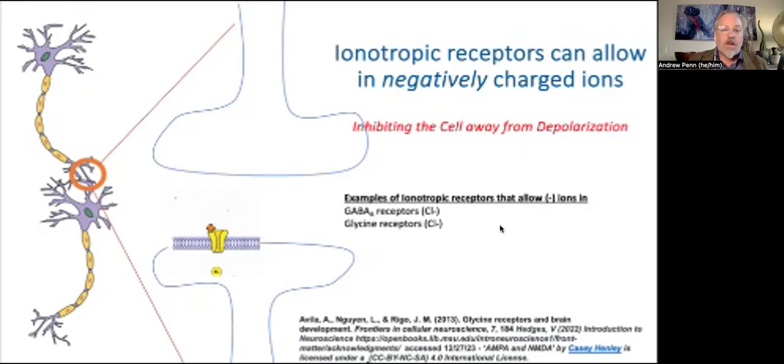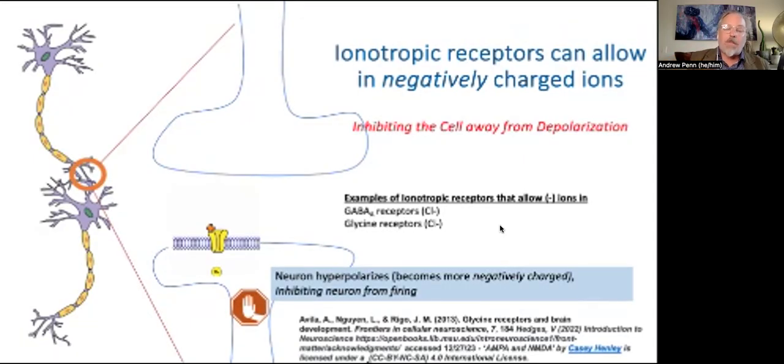It opens up, allows these negatively charged chloride ions to go down the concentration gradient. There's more of them outside the cell than inside the cell. They flow in, and they decrease the probability that that cell is going to fire. So they make it hyperpolarized or more negatively charged, which is going to inhibit that neuron from firing.